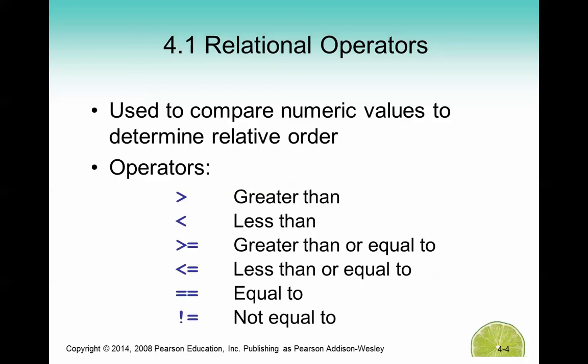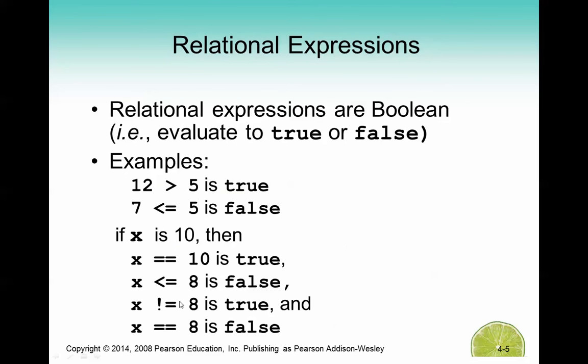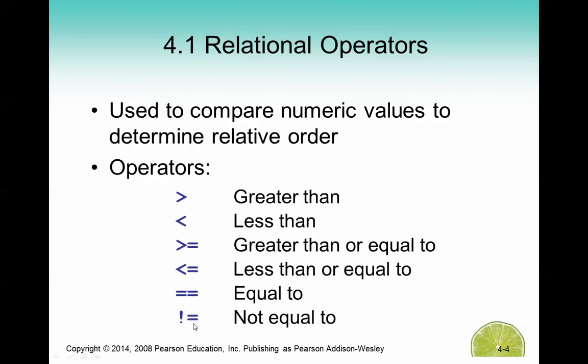So if I want to ask a question like, is GPA equal to 5 or to 4, then I'm going to be using the double equal sign to check. Yes, this is to compare it, to check. Okay? And if I want to say not equal to, then I have to use the exclamation mark together with the equal to sign.